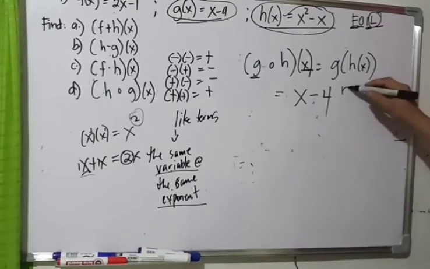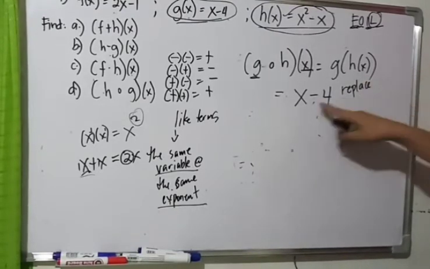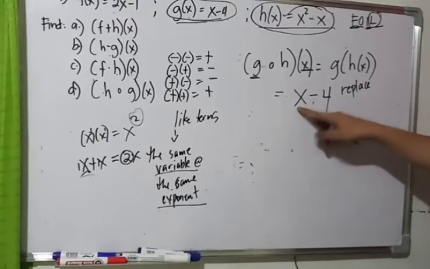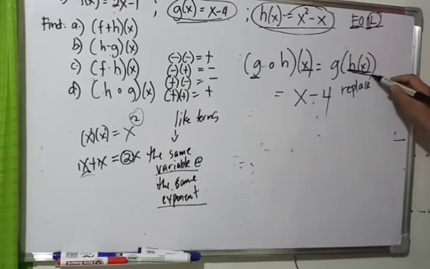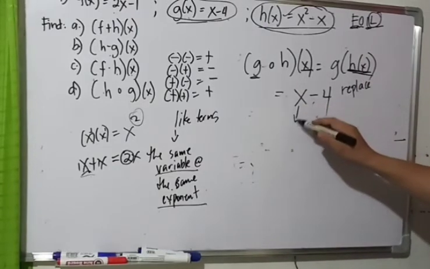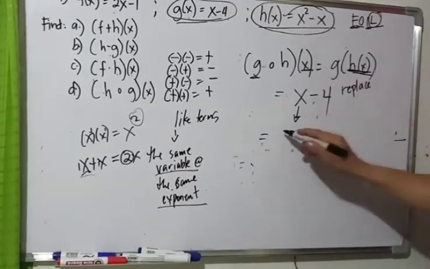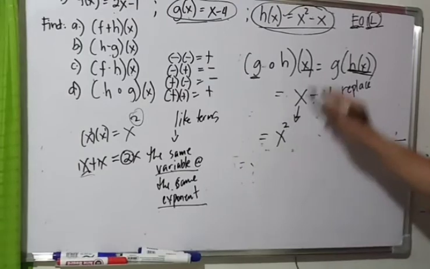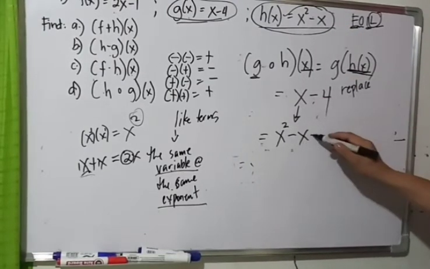Then, i-replace natin yung value ng X sa value ng H of X. So, ang value nito magiging equals anong value ng H of X? That is X squared minus X, then minus 4.